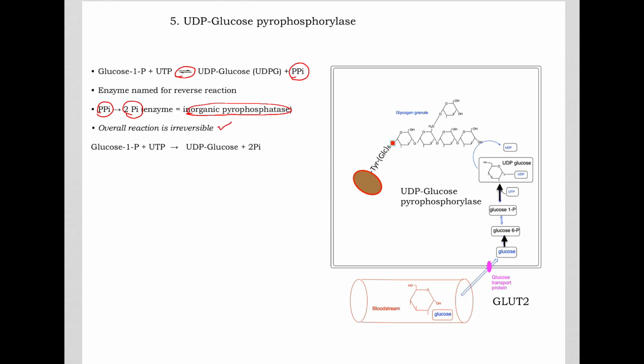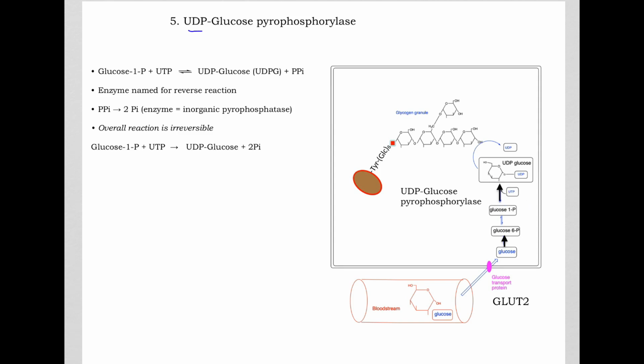So overall, combining this reaction where glucose 1-phosphate reacts with UTP to give you the activated form of glucose, UDPG, and the 2 phosphates, this reaction is irreversible. So the conversion of glucose 1-phosphate to UDP glucose is overall an irreversible reaction. It can only go in this direction.